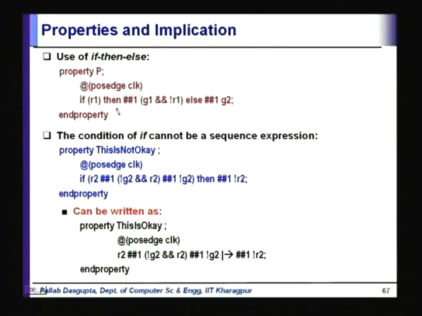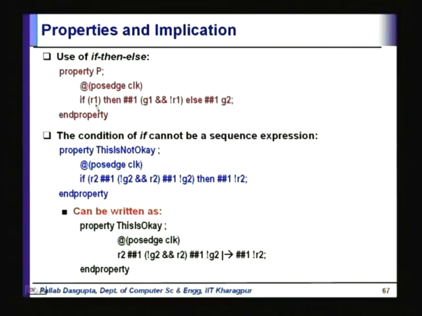So, this is, as the property suggests, that we match R1, and if R1 matches, then in the next cycle we look for G1 and not R1, and if R1 does not match, then we look for hash 1 G2, that is, we look for G2 in the next cycle.